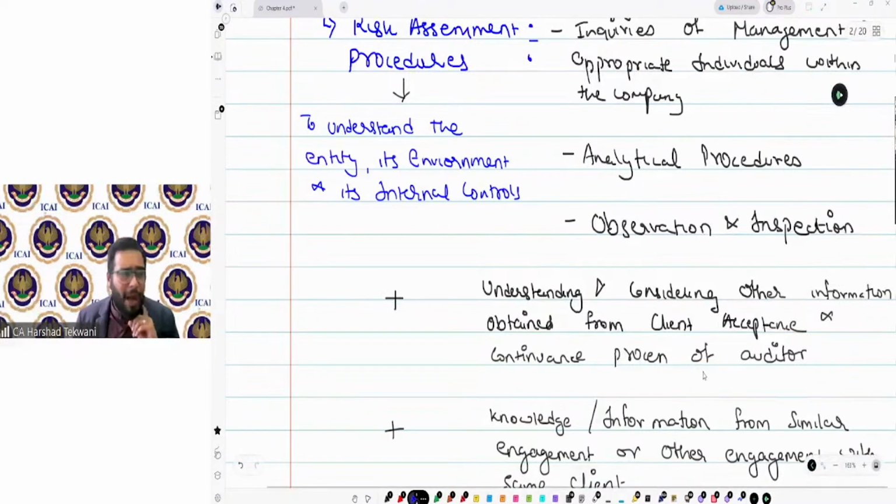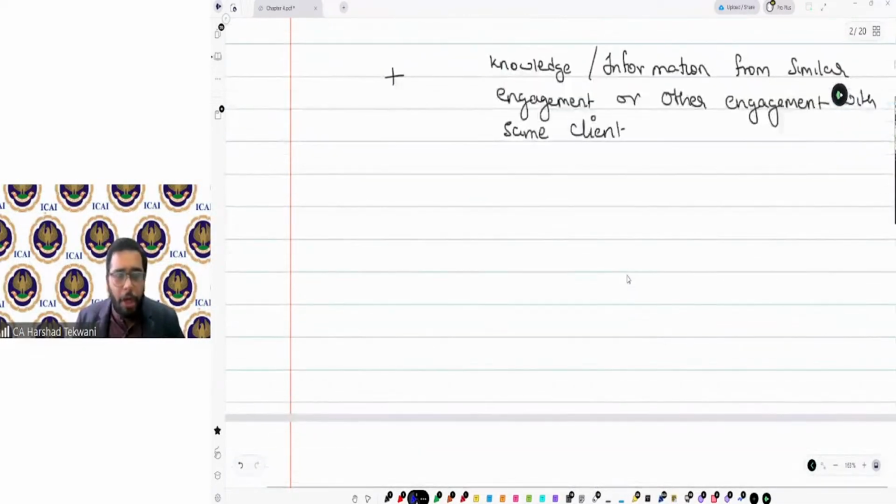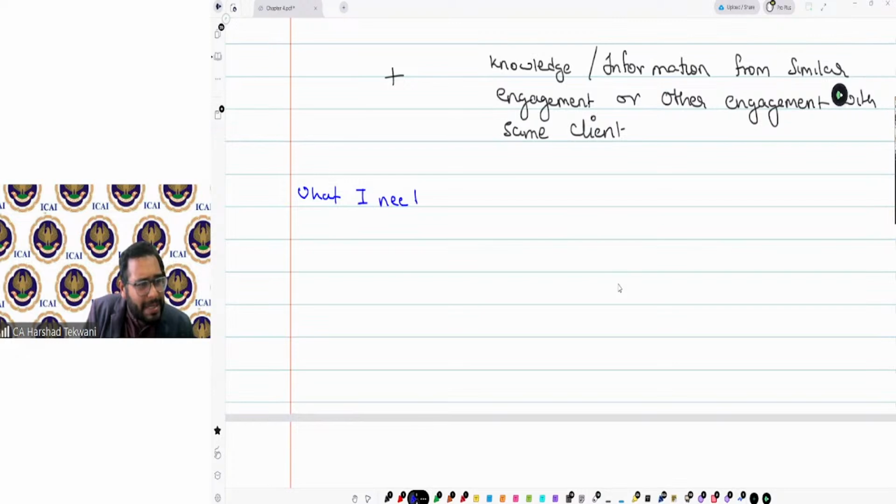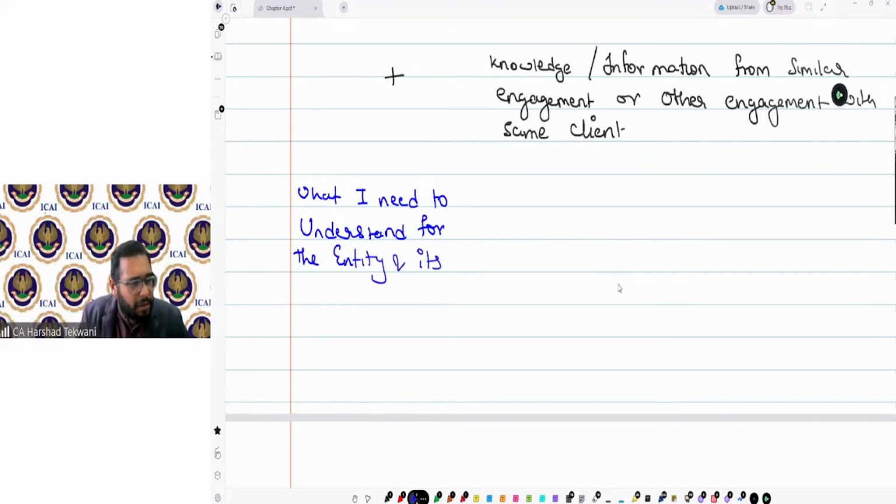So now, if I have to ask you, okay, I'm doing this to understand the entity and its environment, but what is included in the entity and its environment? So let's say, for example, what I need to understand for the entity and its environment.